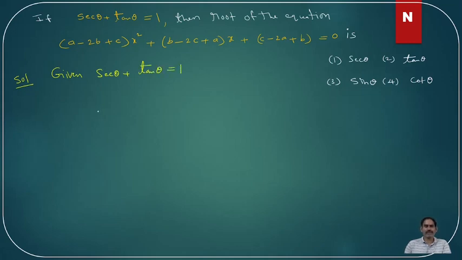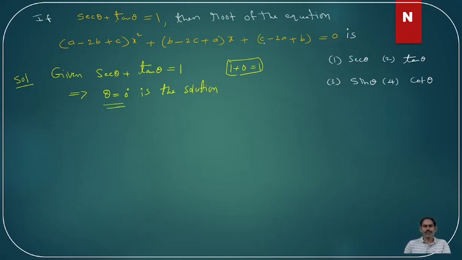That implies theta equal to 0 degrees is the solution. Why? Secant 0 is 1, tan 0 is 0. Substitute here: 1 plus 0 equals 1, 1 equals 1. That's why theta equal to 0 is the solution.